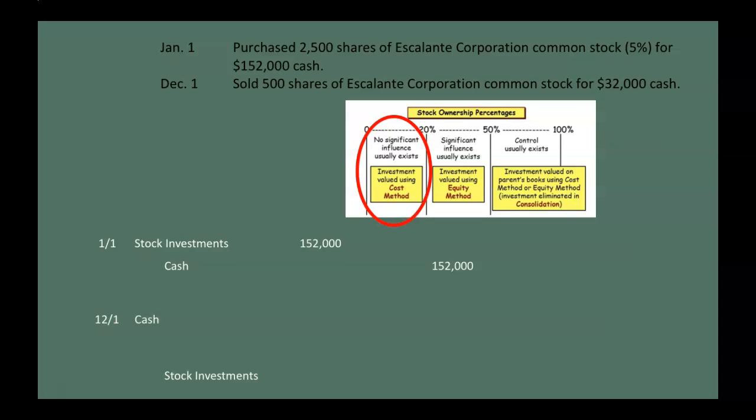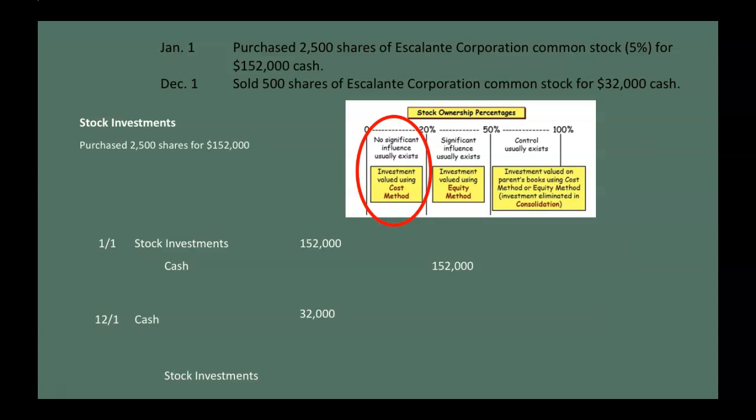Stock investments are going to be recorded at cost. So we need to figure out these 500 shares that we're selling here in December. What were the cost of those 500 shares? So we will put in that debit of $32,000 for cash, but for stock investments, we need to calculate, right?